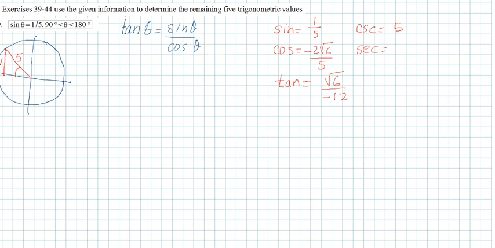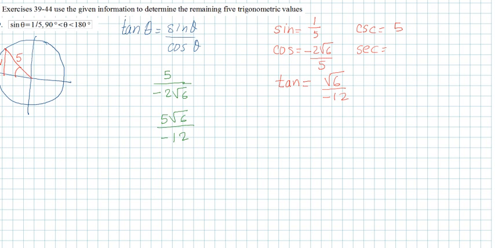So I'm going to flip the cosine, put 5 at the top and negative 2 square root of 6 at the bottom. So we move the square root of 6 to the top. So now I have 5 square root of 6 and we leave a 6 at the bottom. So I have minus 12. So that would be my secant.